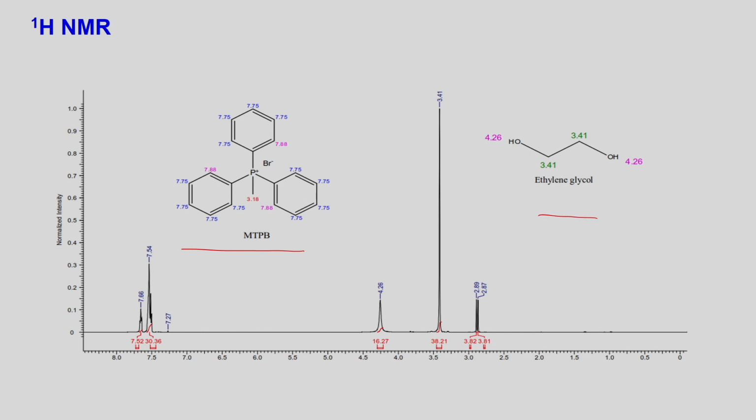Ethylene glycol, as I told you, again shows up a peak here, and the 15 hydrogen atoms, 5, 5, 5 each, show up here. And this is for the CDCl3, as I told you earlier. This is a proton NMR, right? And this 4.26 and 3.18, 3.18 is somewhere here, but we are not interested in that.